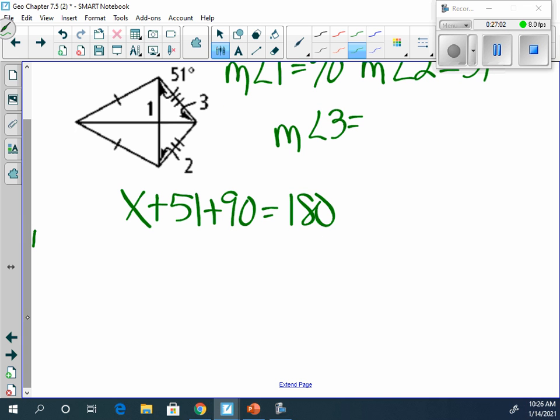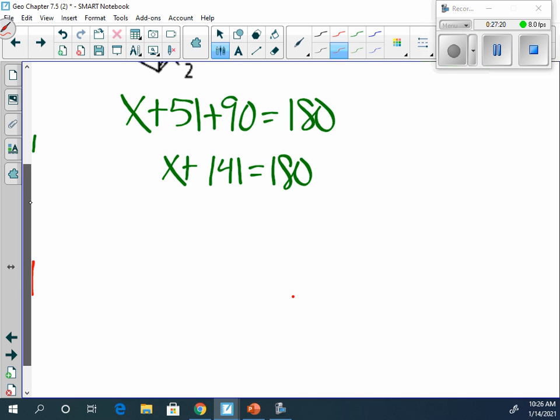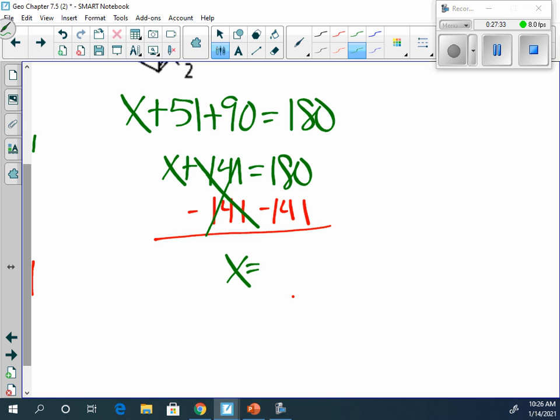Now the first step in solving is to combine our like terms, so 51 plus 90, which is going to be 141. And from here we can subtract 141 from both sides. 141 minus 141 is 0. We get x is equal to what? 39. Yes?